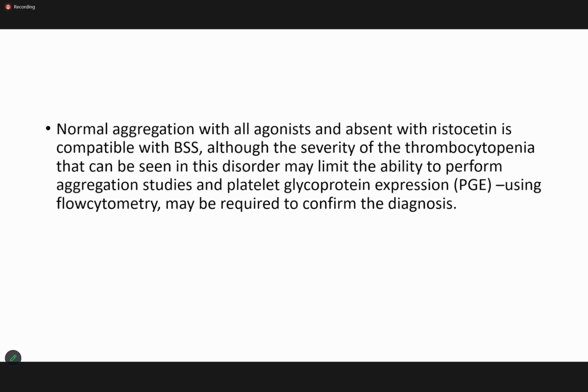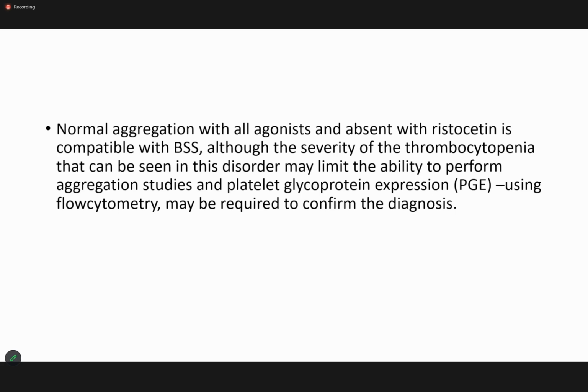Normal aggregation with all agonists and absent with ristocetin is compatible with Bernard-Soulier syndrome. Although the severity of the thrombocytopenia seen in this disorder may limit the ability to perform the aggregation study. So what we can do is a platelet glycoprotein study in these cases to confirm the diagnosis.